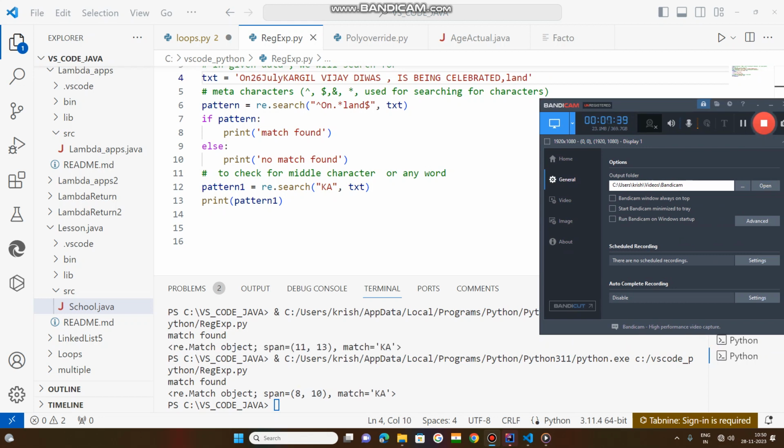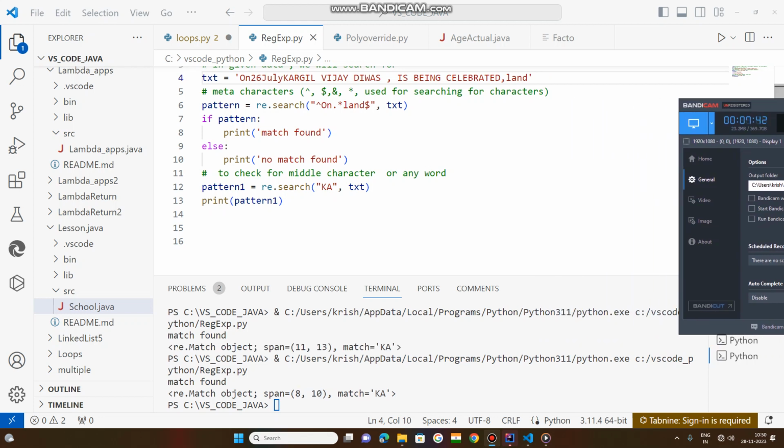Okay, see, now what happened? Now see, I have removed all the white spaces. Whenever I run this code, it gives these index positions.